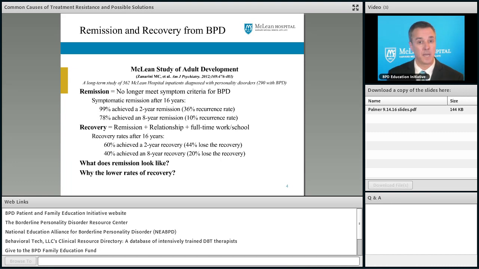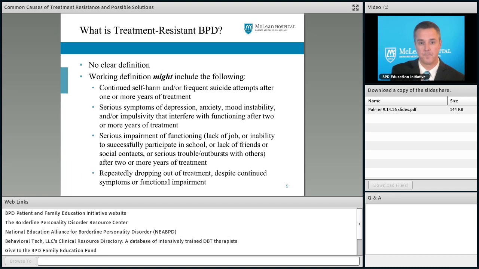Another speculation is that maybe the medications that got them into remission are now causing cognitive side effects that are preventing them from working. But I'm going to give you another speculation: the fear of relapse and mindset. I'm going to be talking about that in a little bit.